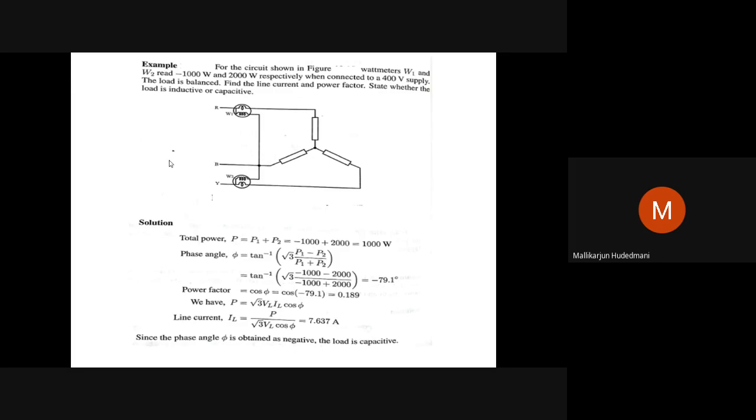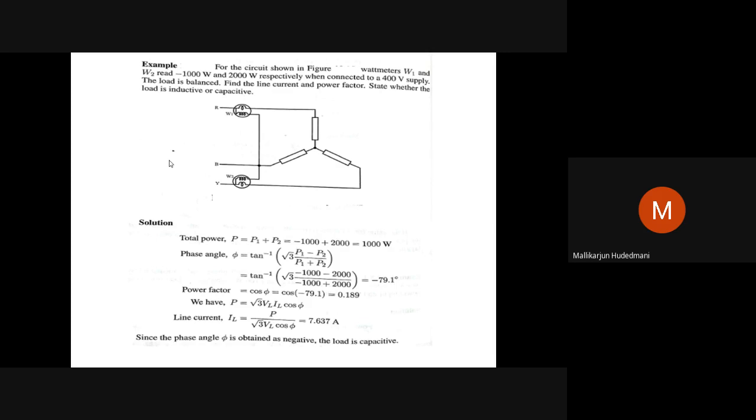The load is balanced. Find the line current, power factor, and state whether the load is inductive or capacitive. In this problem, a diagram was given, hence it is mentioned. By the study just now, we know measurement of power in a three-phase AC circuit is possible by 2 wattmeters.